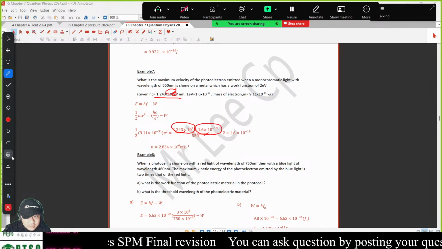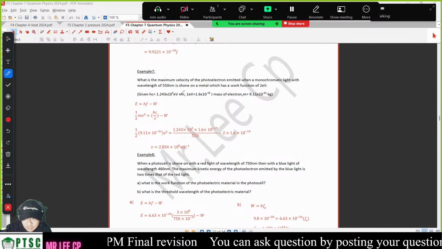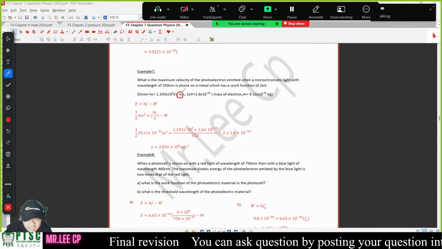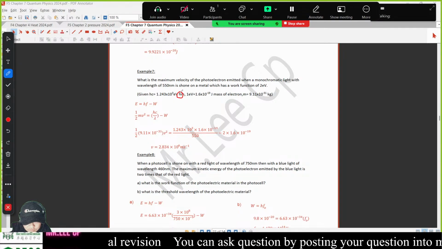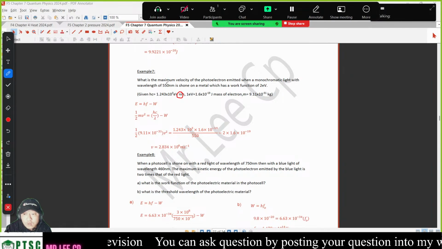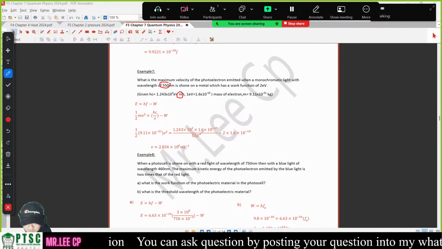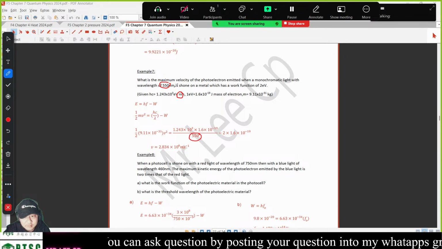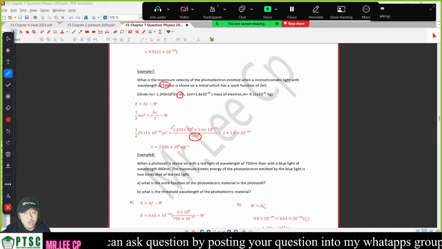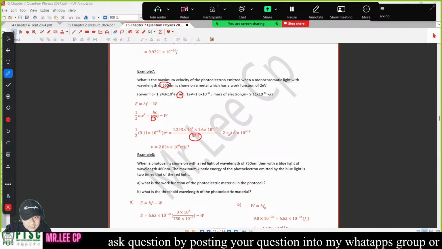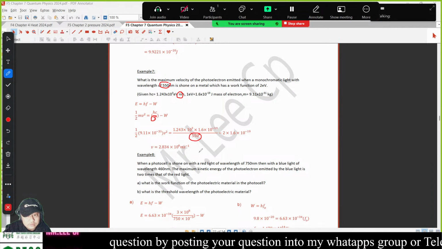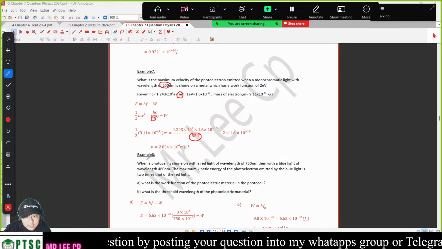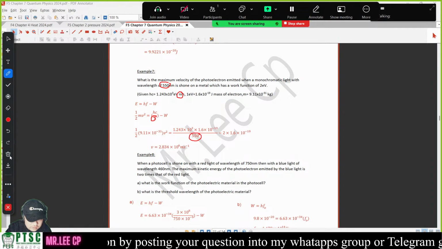And the wavelength is in nanometers, so what you put in is 550 only. You no need to times 10 to the negative 9 because it's already in nano. Then lambda minus W, and you get the answer, velocity.